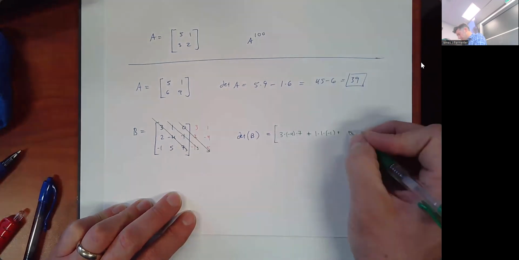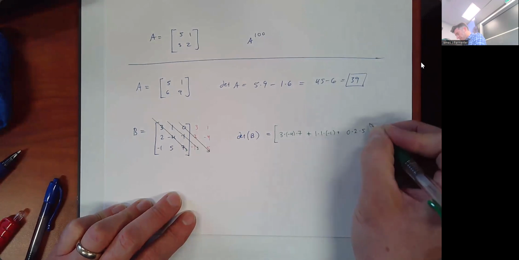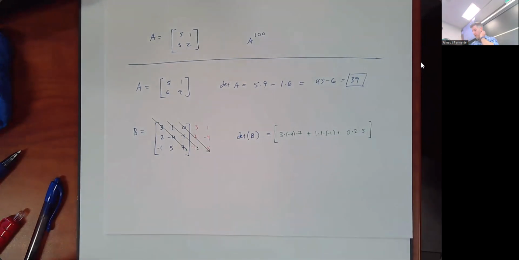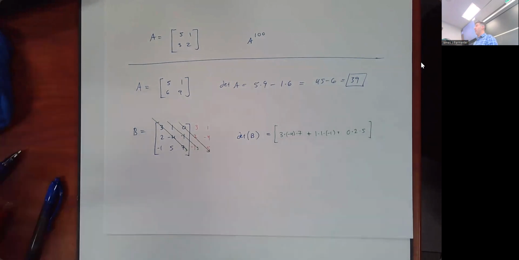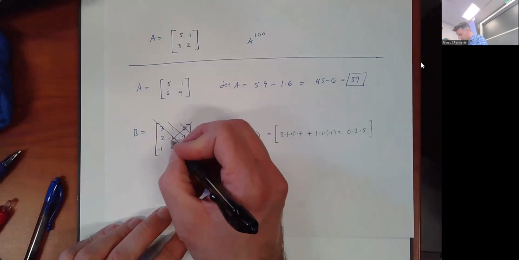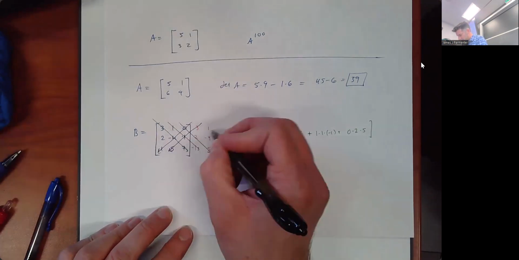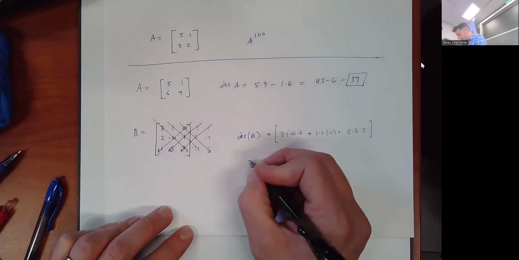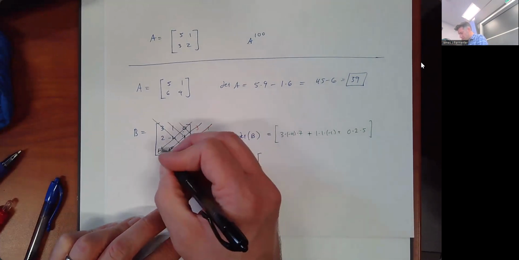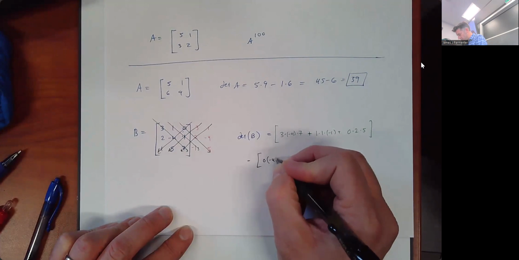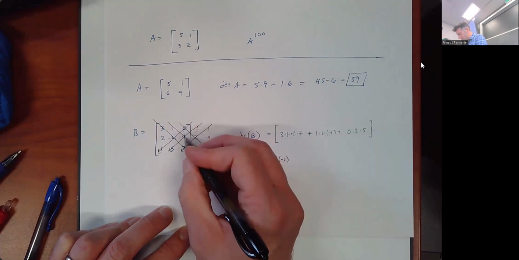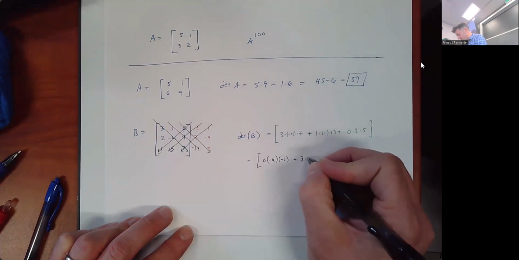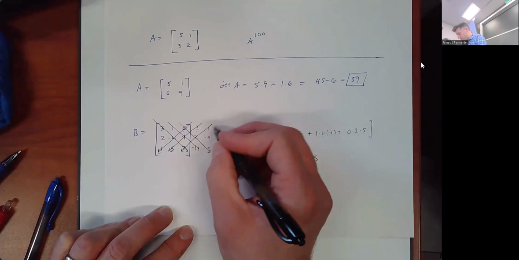Plus 0 times 2 times 5, which I don't need to write because it's just going to be 0. Minus the product in the other direction, meaning instead of going from upper left to lower right, you go from upper right to lower left. So minus 0 times -4 times -1, plus 3 times 1 times 5, plus 1 times 2 times 7.